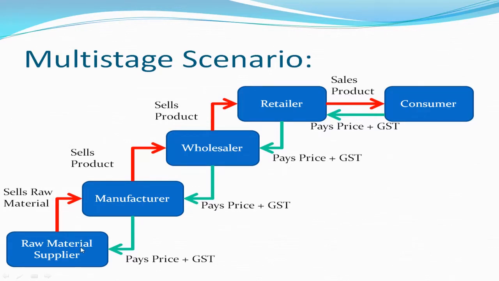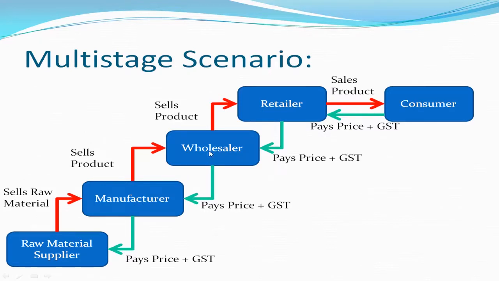now in this case, raw material supplier sells raw material to manufacturer. That means manufacturer is buying raw material from the raw material supplier. So buyer pays GST. So manufacturer pays price, whatever price it is being sold, plus GST. So manufacturer pays GST to the raw material supplier. Then wholesaler buys product from manufacturer, right?